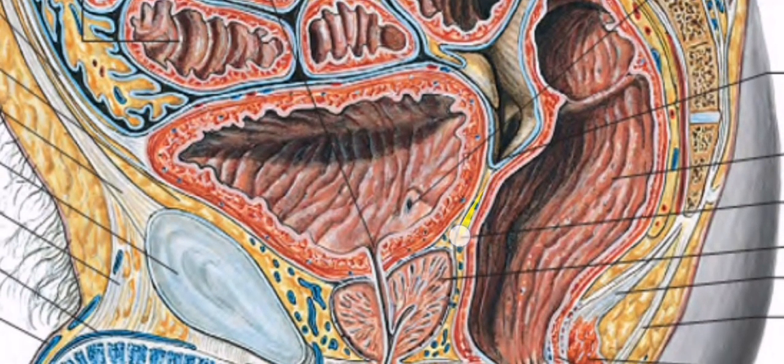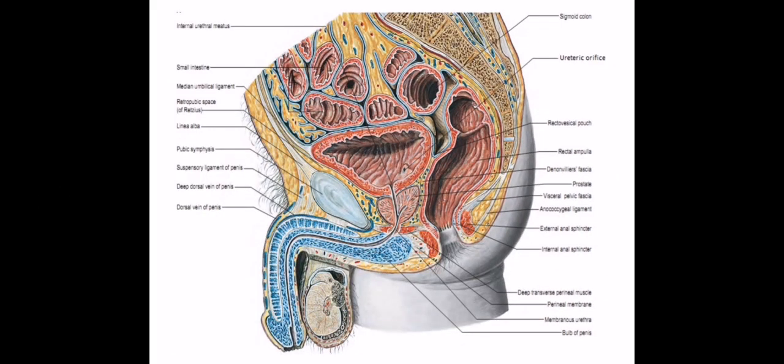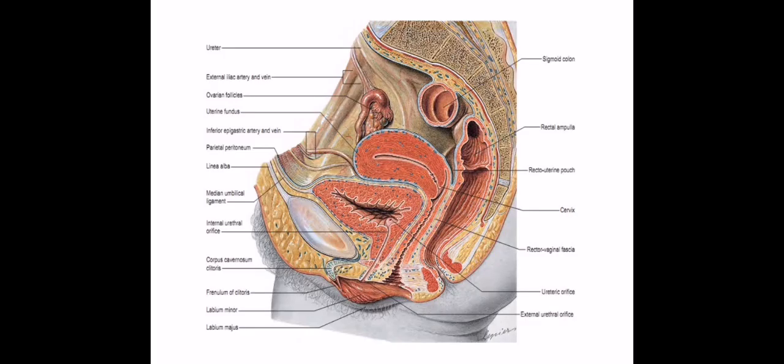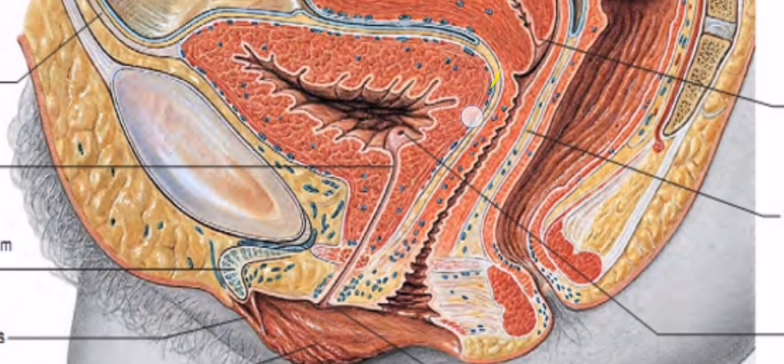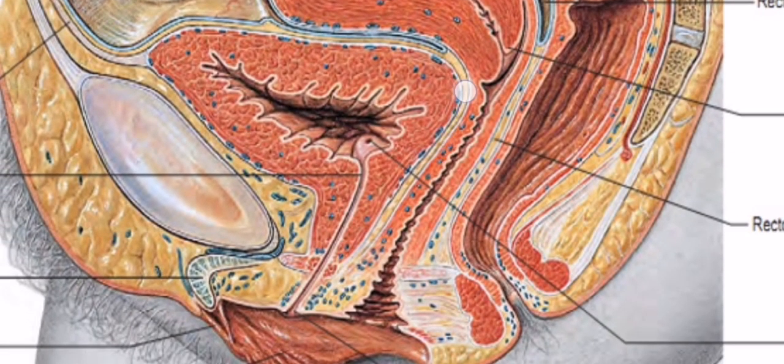And this is the Denonvilliers fascia or rectovesical fascia. In female, the base of the bladder is closely related to the anterior vaginal wall. This is the anterior vaginal wall, and this is the base of the bladder.